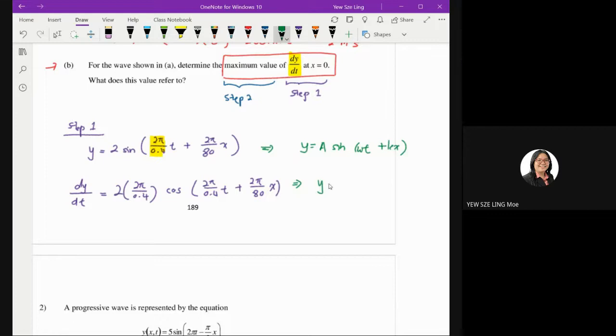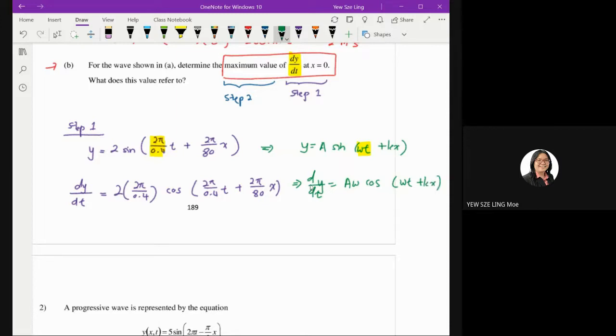If you differentiate it in terms of the general equation, what is going to happen? You have y equals a sine (omega t plus kx). Because you want to differentiate with respect to time, you differentiate omega t, therefore you obtain omega. So a omega, this is dy over dt, and sine becomes cos (omega t plus kx).